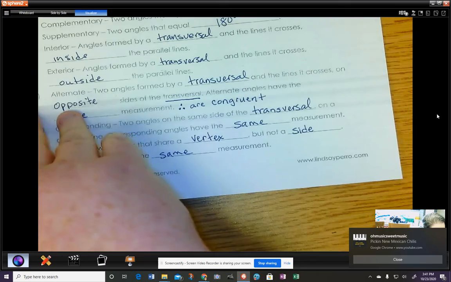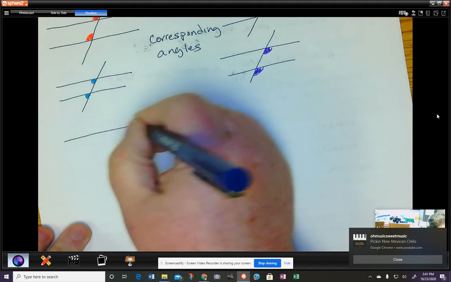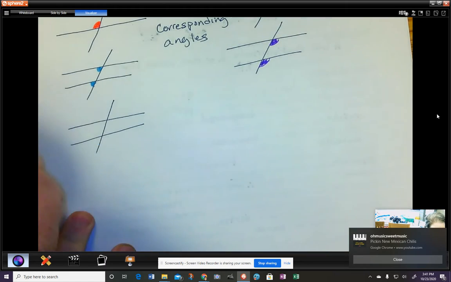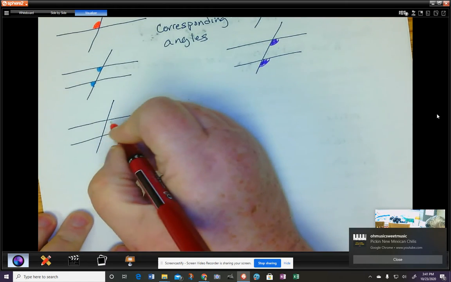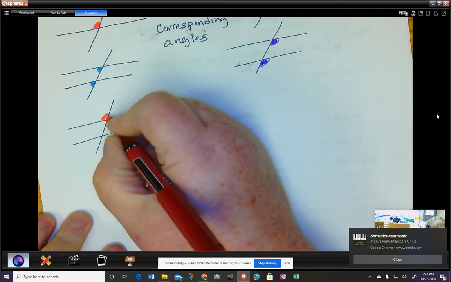Okay, so let's turn this over and look at this one. So I have a pair of parallel lines cut by a transversal. Vertical angles would be where an X is found. So here's this one.